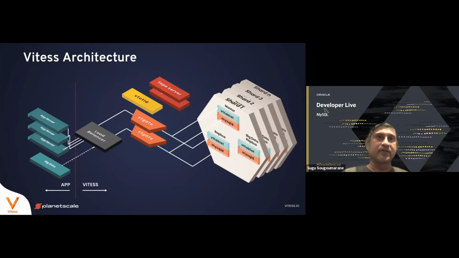So the app server would get any one of these VTGates when it makes a connection. And as far as that app is concerned, that VTGate represents an enormous database in the background. Behind the scenes, it is actually a whole bunch of smaller databases that appear as if they are a big database for the application.